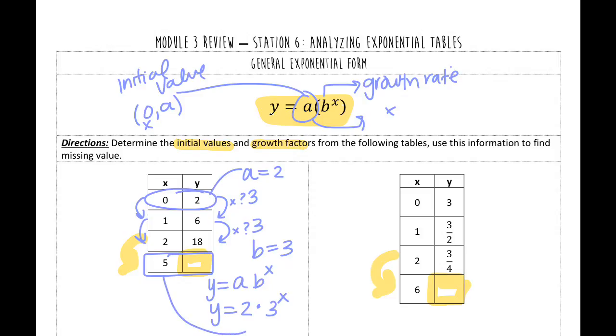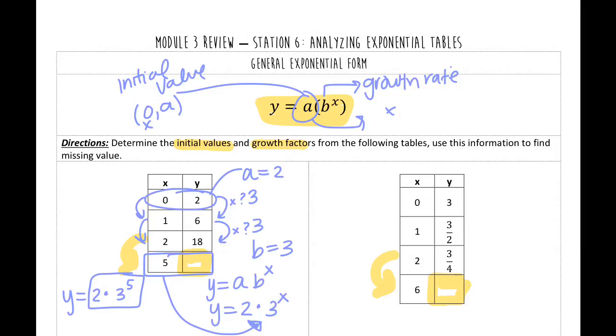So I would just plug 5 into this equation, and thankfully you have a calculator. So I would write y equals 2 times 3 to the 5th power, and you can put this into the calculator exactly how it is, and it'll give you the answer that goes in this box. I'm not going to do that right now because I don't have a calculator in front of me, but I know that you can get it done. So let's go ahead and look at this next one.